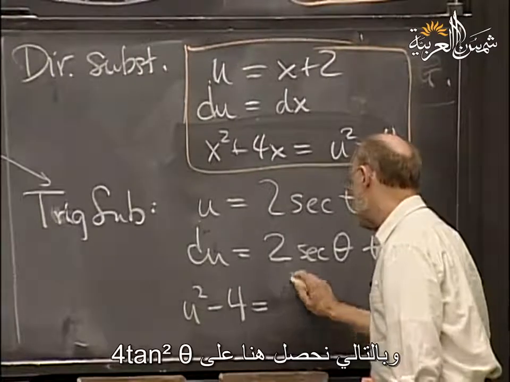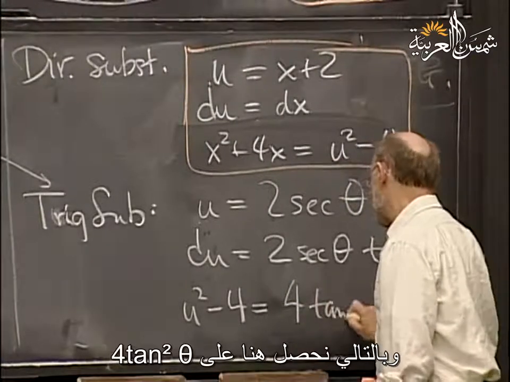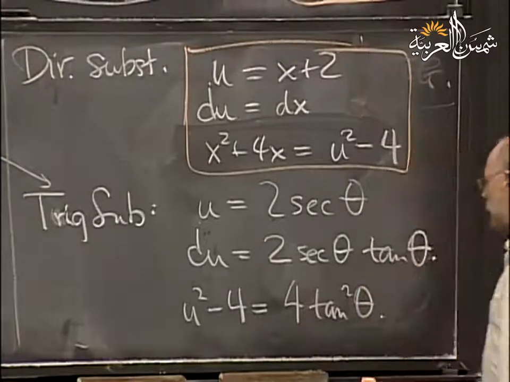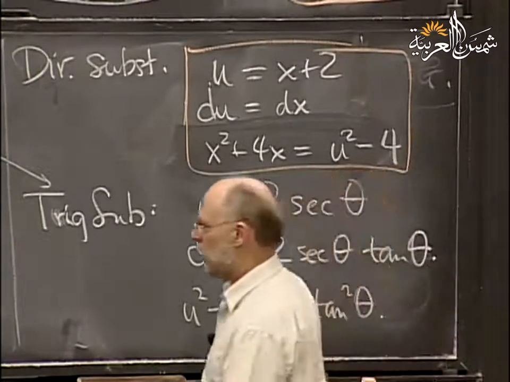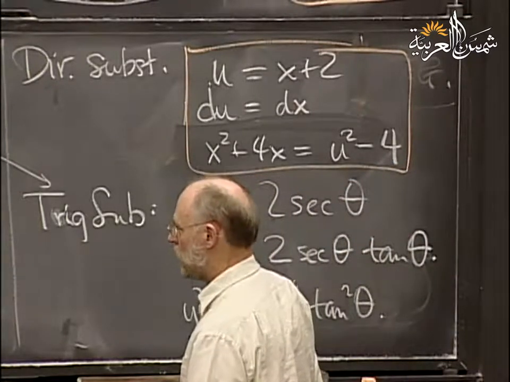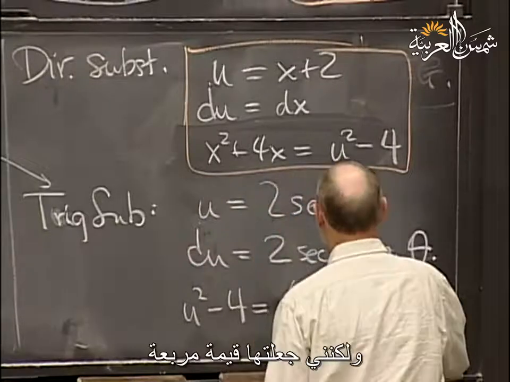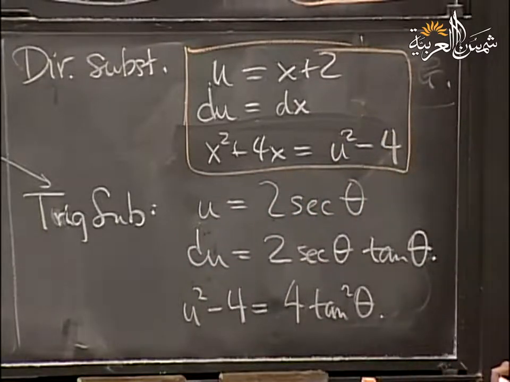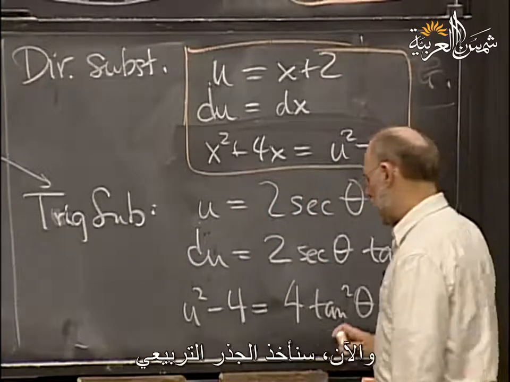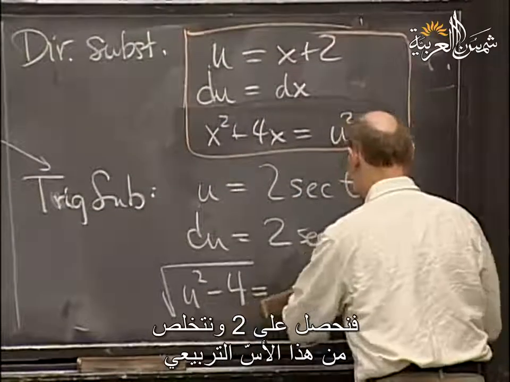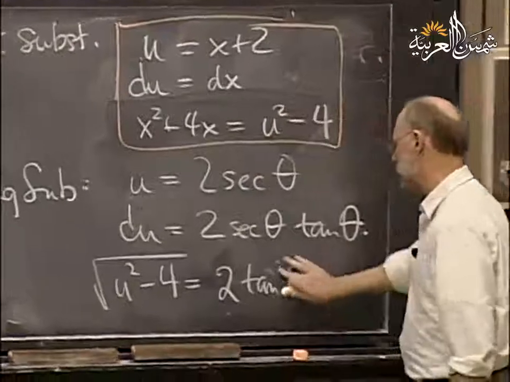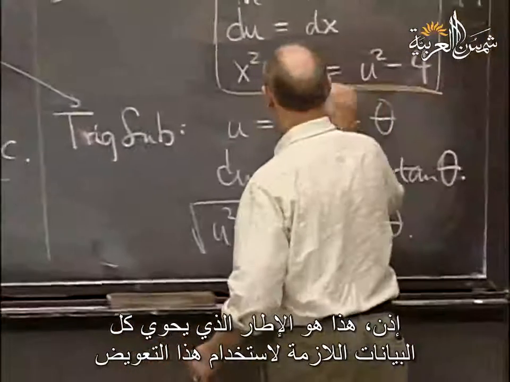So this is 4 times the tangent squared of theta. But I squared it. And now I'll square root it, and I'll get a 2, and this tangent will go away. So there's my data box for this substitution.